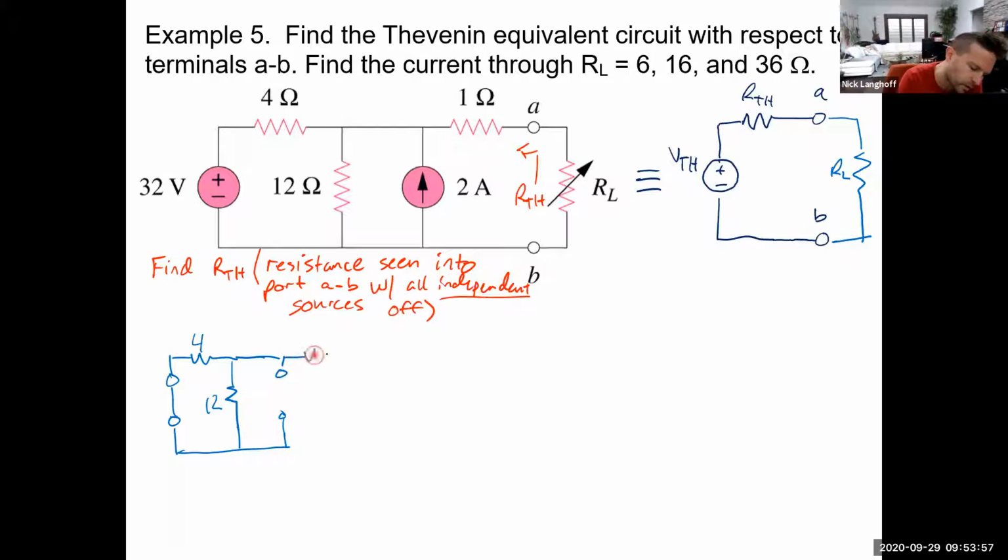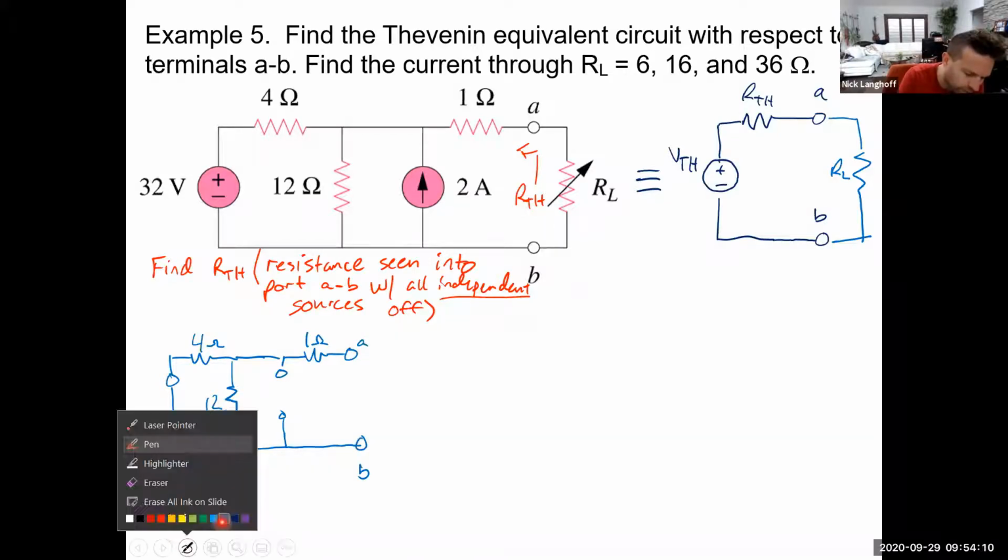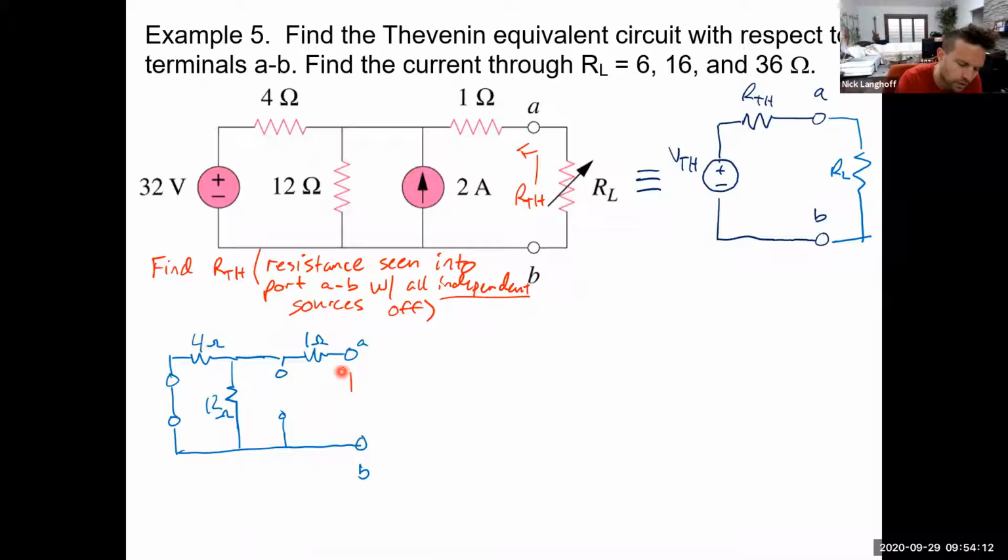And then here's a 1 ohm resistor, right? And then there is the port AB. And so we're looking for R Thevenin. That's the resistance seen looking into that port.